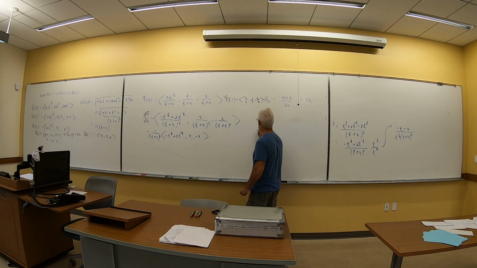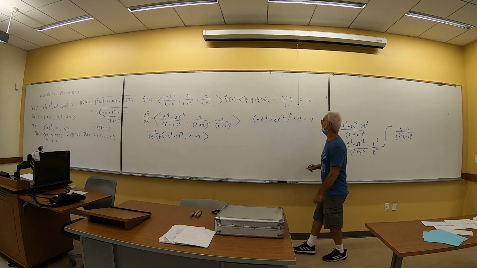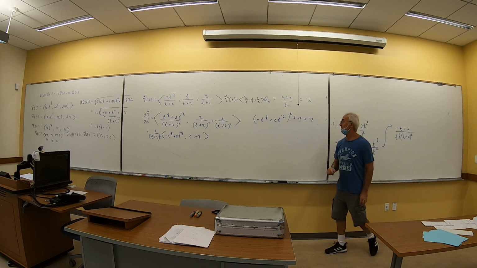All right, so when I square those guys, I'm going to have negative t to the 1/2 plus 2t to the negative 1/2 quantity squared plus 4 plus 4. Right, sums of the squares.